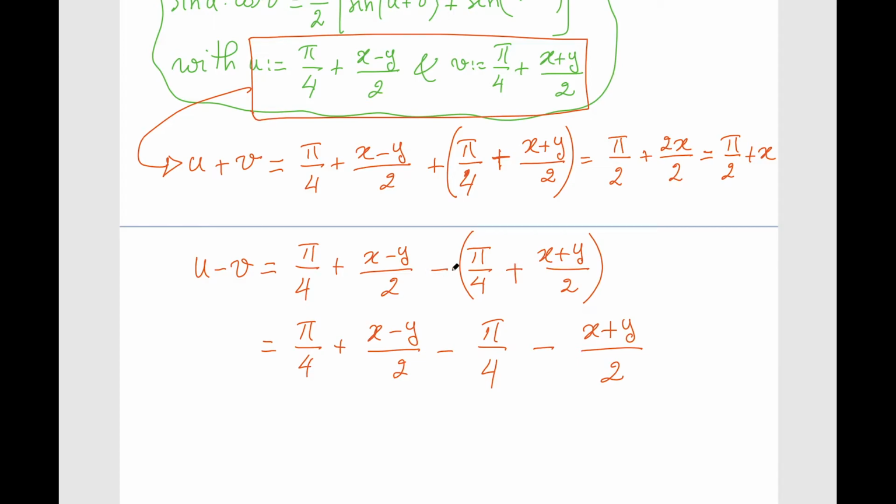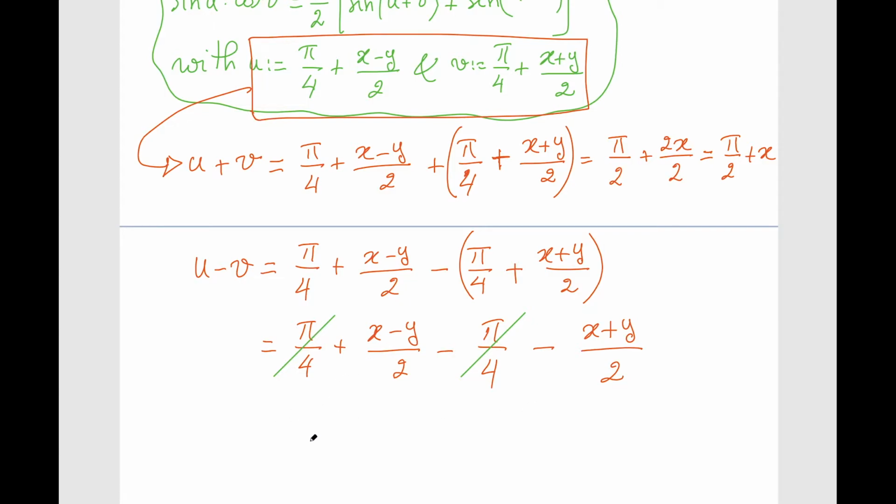I brought this minus inside in some sense, right? So how do you destroy the parentheses in this context? Everybody inside flips signs. Pi over 4 is going to become negative pi over 4, and this quotient is going to be the opposite of the quotient. Okay. All right. Pi over 4 minus pi over 4, that's 0. So that's 0. How about the rest?